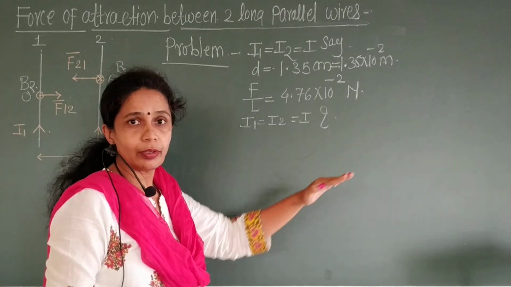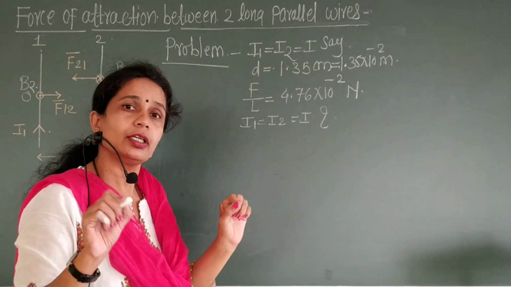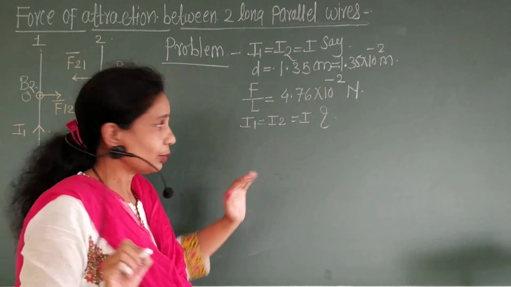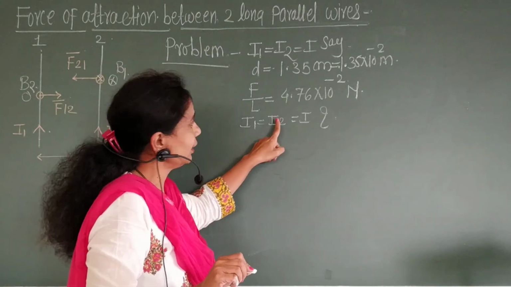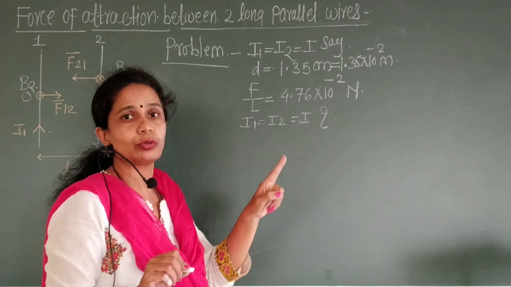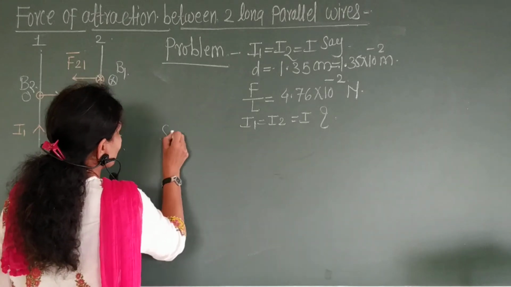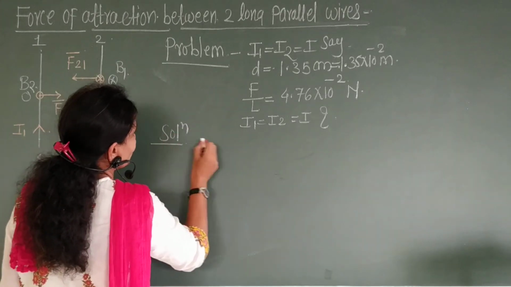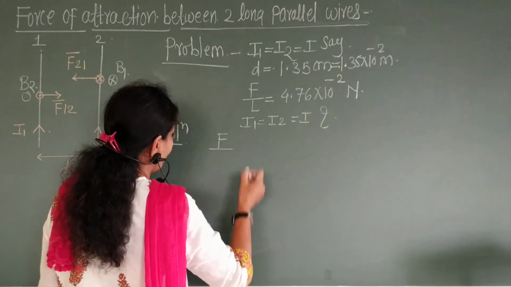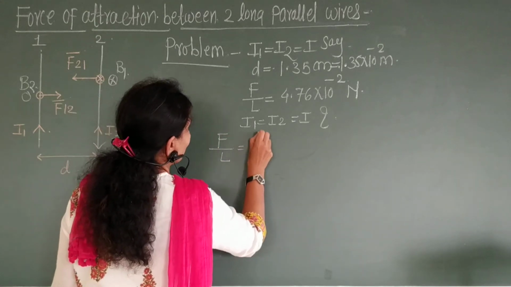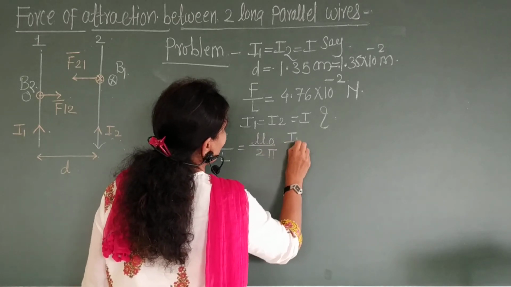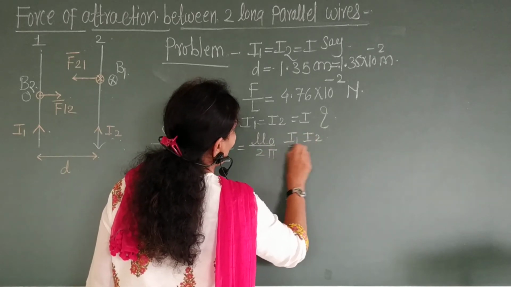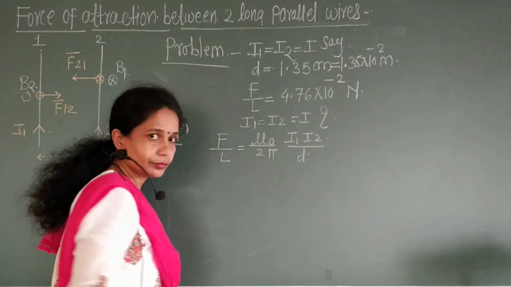Calculate the current flowing through each wire. Solution: what is the formula? F/L is equal to μ0/2π × I1 I2/D.